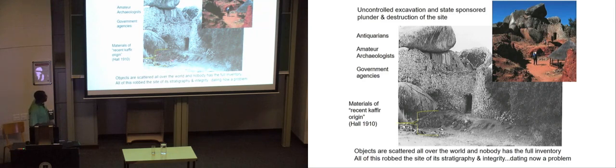So this is one of the photographs from early 20th century, so maybe 1913 or thereabout, just showing some of the extensive damage that was caused by Richard Hall and others. What also alarmed the British Association for the Advancement of Science was that any material from these digs which looked local was thrown away as having been of no value, because they were looking for material that could establish a strong connection between Great Zimbabwe and the Queen of Sheba, Great Zimbabwe and King Solomon, Great Zimbabwe and Prester John, and the like.